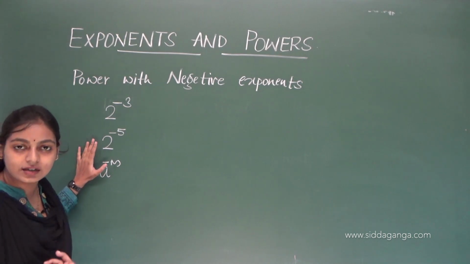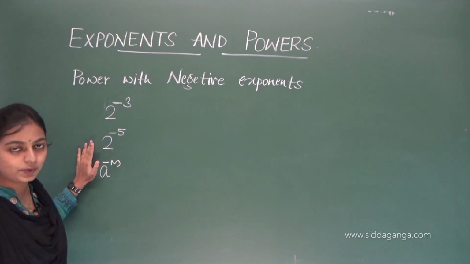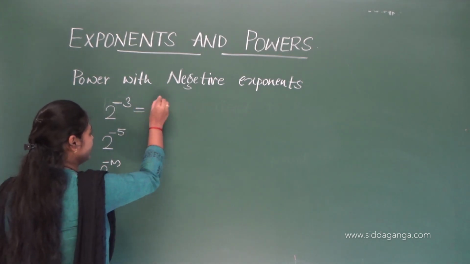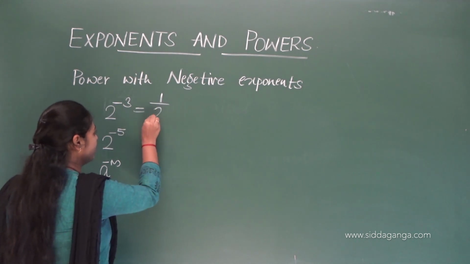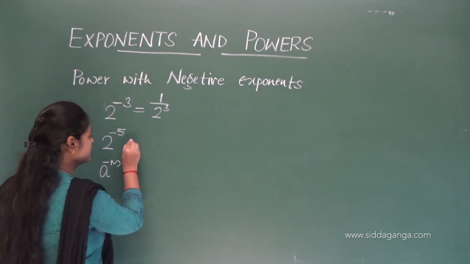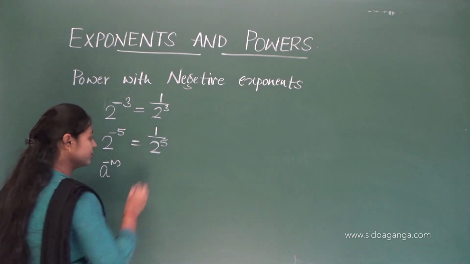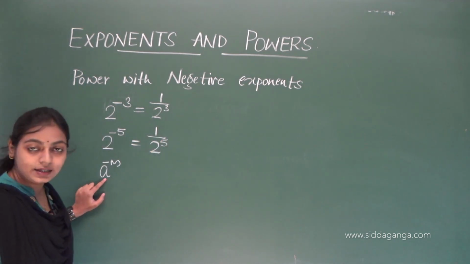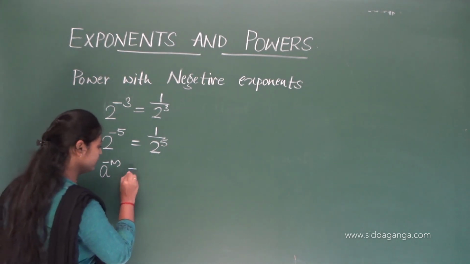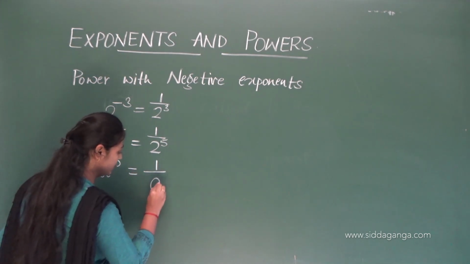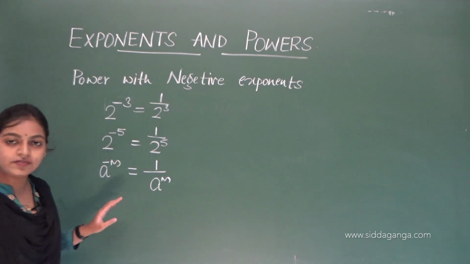When exponents are negative, we write it as 1 divided by 2 cube. Similarly, 1 divided by 2 to the power of 5. So in general, a to the power of minus m we write as 1 divided by a to the power of m.